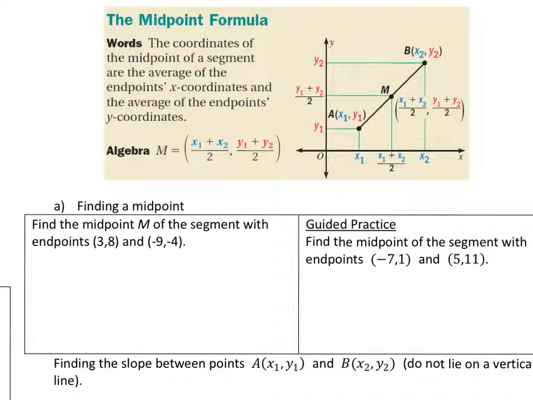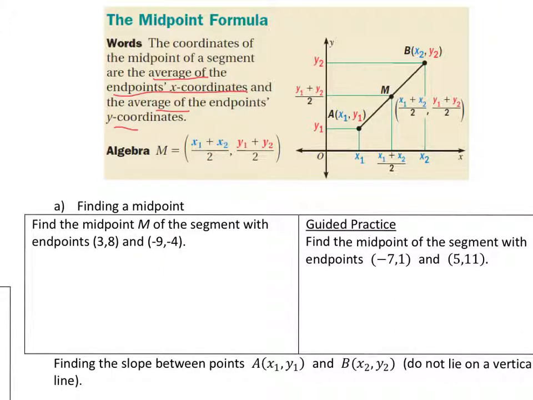Now I am going to introduce the midpoint formula. In words, the midpoint formula just means the coordinates of the midpoint of a segment are the average of the endpoints' x coordinates and the average of the endpoints' y coordinates.